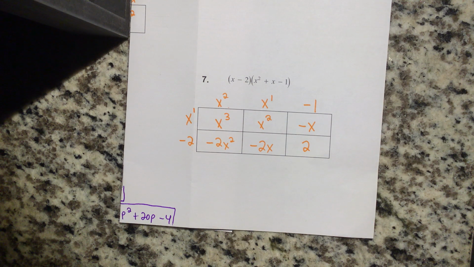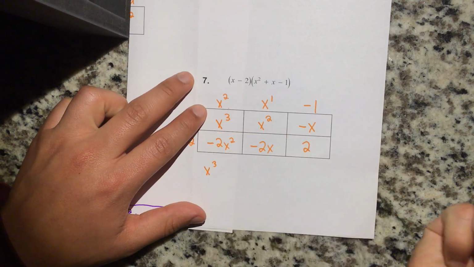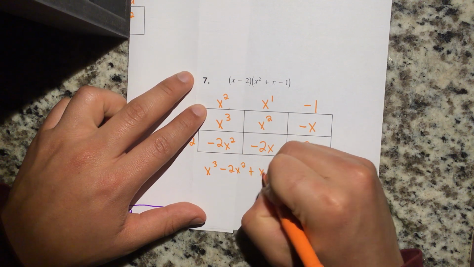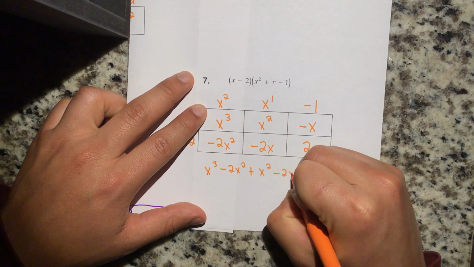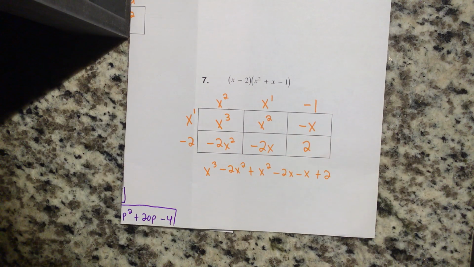So let's write this out in standard form, okay? I'm gonna do things a little differently. So I have x to the third, minus 2x squared plus x squared minus 2x minus x plus 2, okay? Now that looks extremely long, but it shouldn't look that long, and there's a reason.